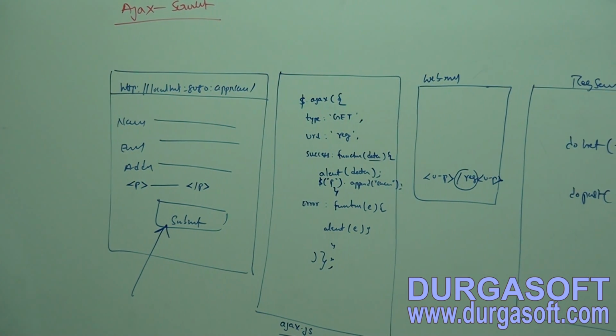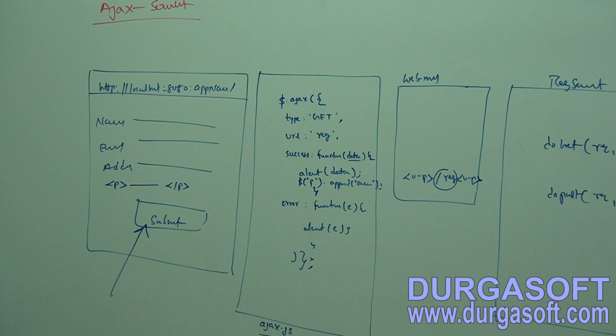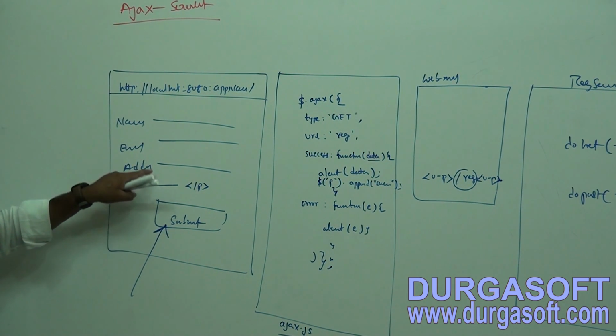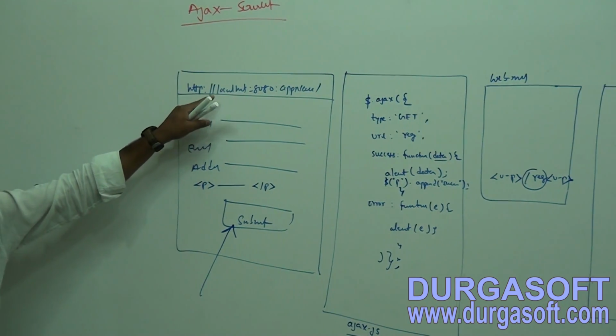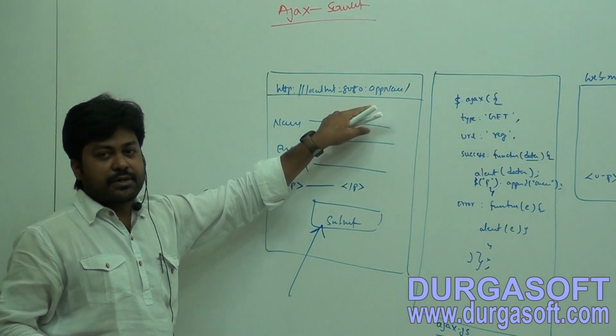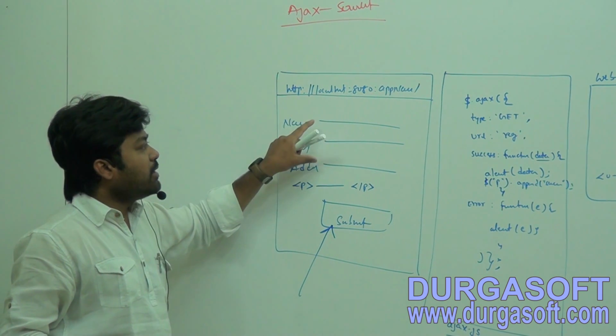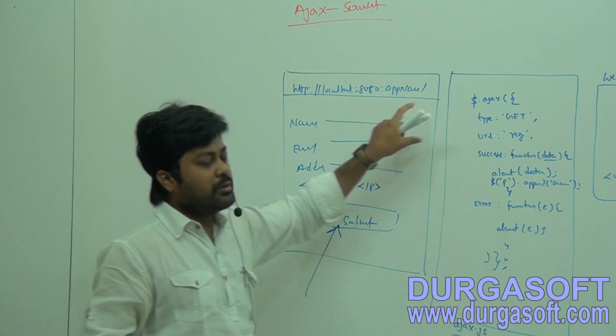So whenever you submit, it will directly print success or failure here, but without refreshing your page. So you can avoid page refresh whenever you want to submit data from here to the server.